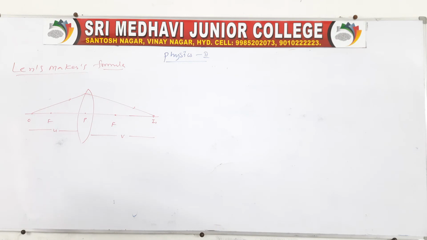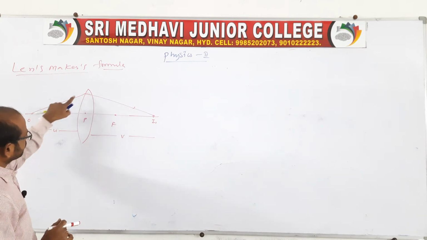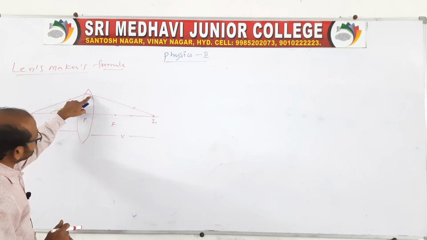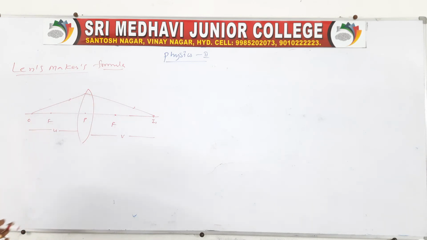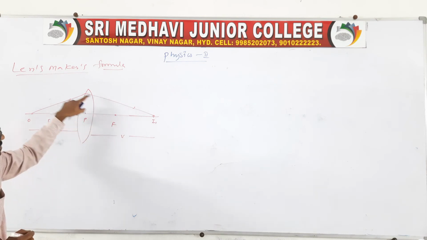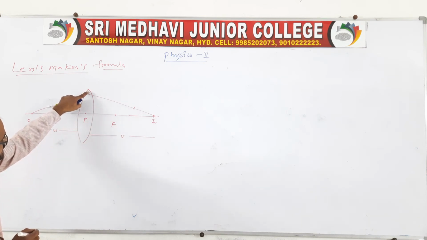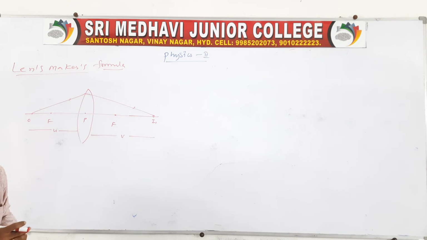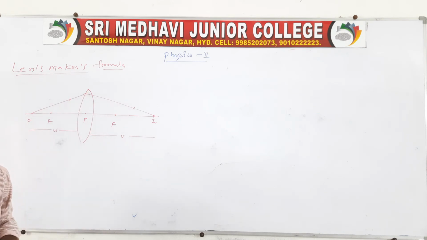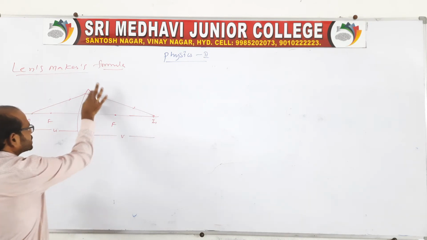Here, one thing: the image I1 formed because of the first surface passes through the next curved surface, the next refracting surface, isn't it? This lens also gives another image, because the image is propagating through it.